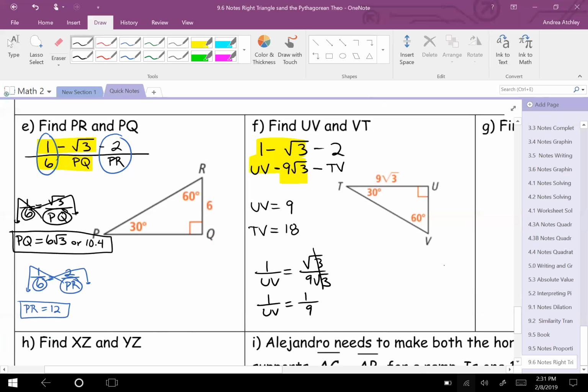Then I can cross multiply. 1 times 9 is 9. UV times 1 is UV. Once I find UV, I should be able to find TV because it's twice as big, right? So TV is just 9 times 2, which is 18.